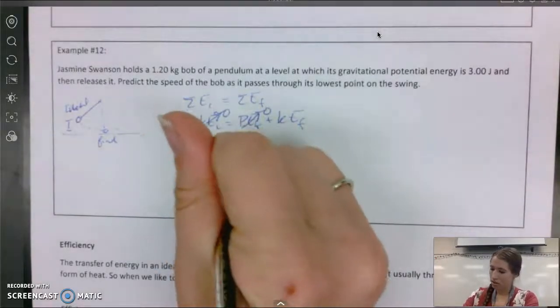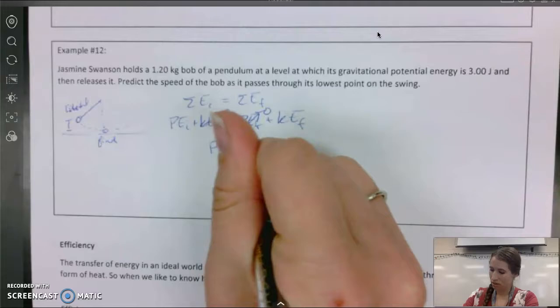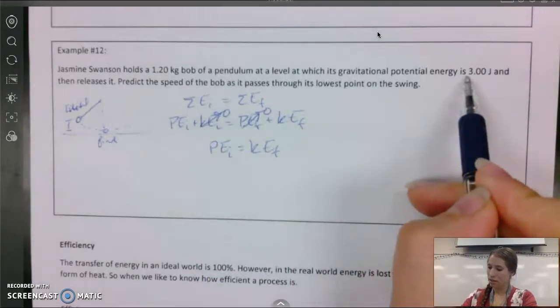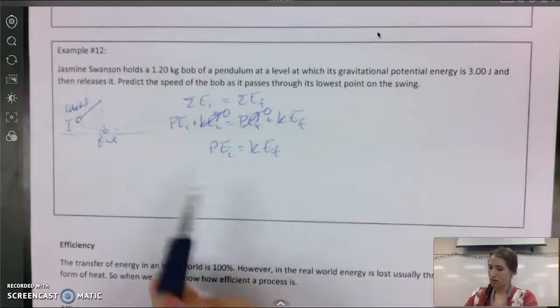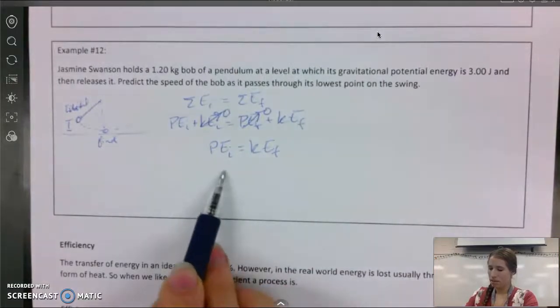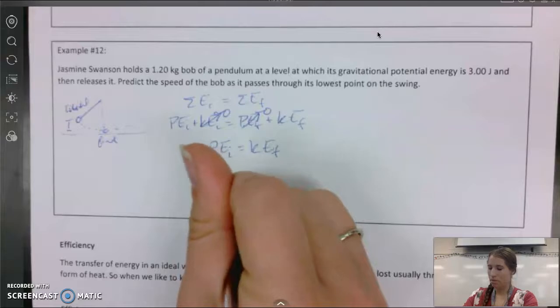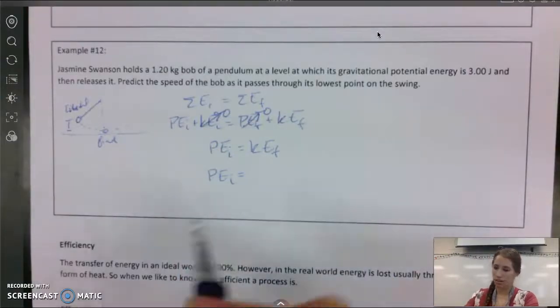So potential energy initial will equal kinetic energy final. We know that the potential energy is 3 joules when released. So this potential energy initial, that's 3 joules. So we don't want to break that into its different parts because we know what it is in its entirety.